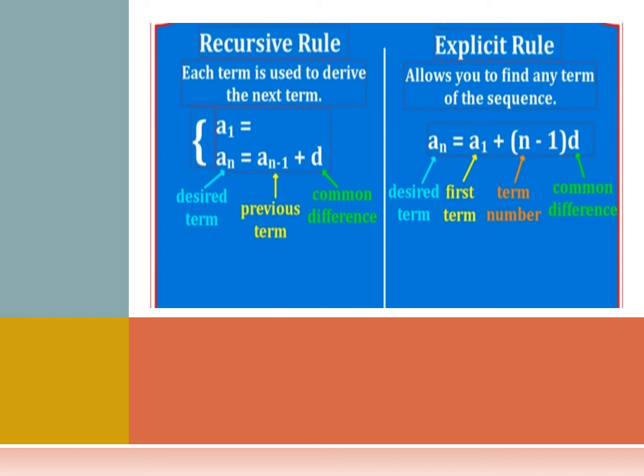And for the explicit rule, we use this rule to find the value of any term of the sequence. It consists of an equals a1 plus n minus 1 times d. So these are the most important rules in arithmetic sequences.